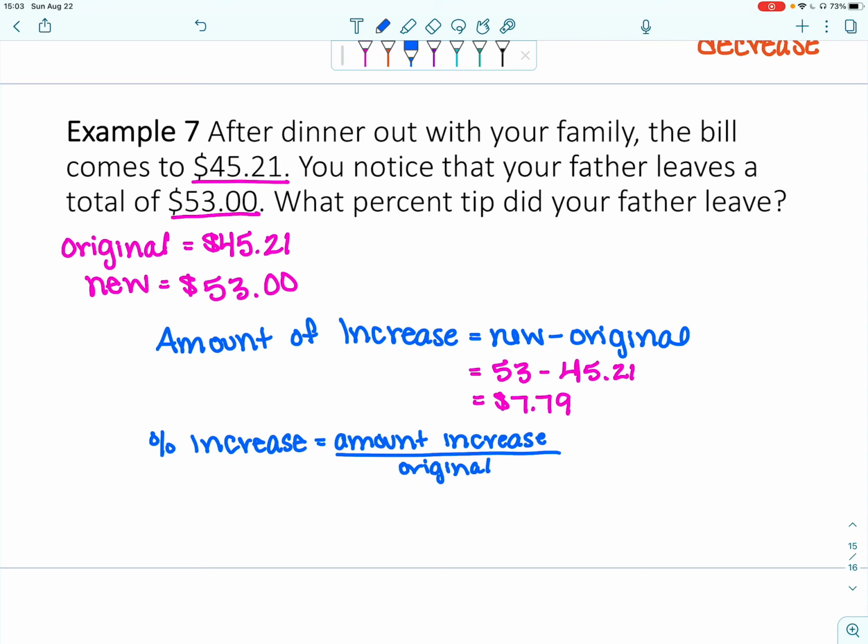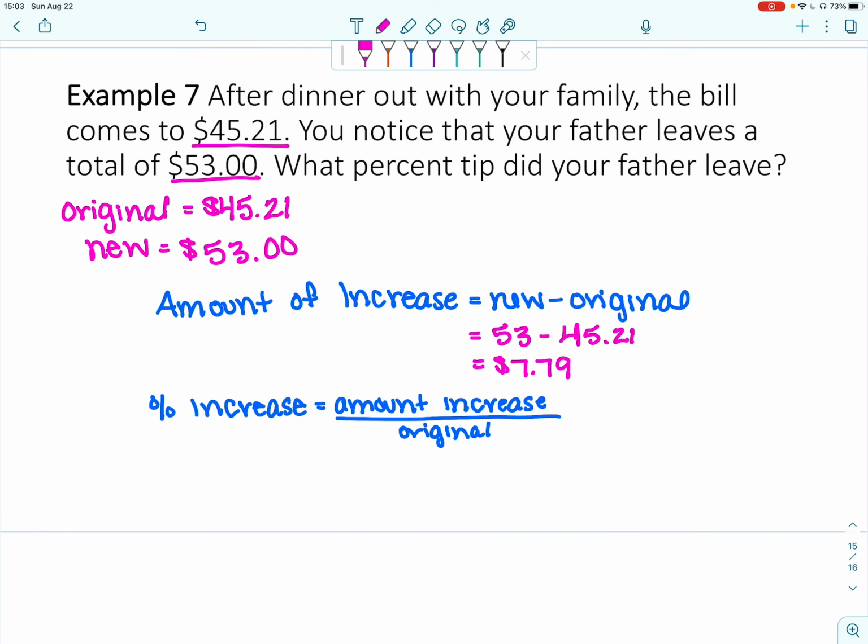You can't determine the tip after you've left the tip. That doesn't make sense. That makes my brain hurt. So you have to look at the original price, the price before you leave the tip, to determine how much tip to leave. So we have to divide by that original price.